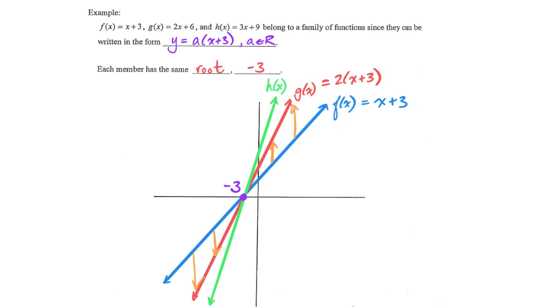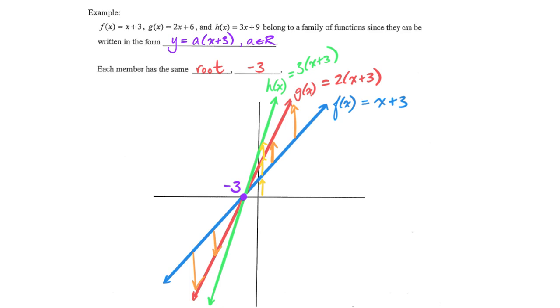Okay, if I look to do the same thing now with my green function, we know that h of x is 3 times x plus 3. So what that means is whatever my x was, I'll pick a value in here, whatever that distance is, I need 3 times it to produce the green.